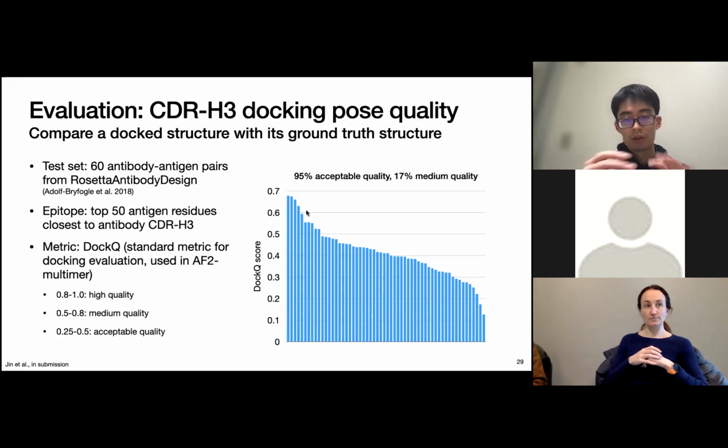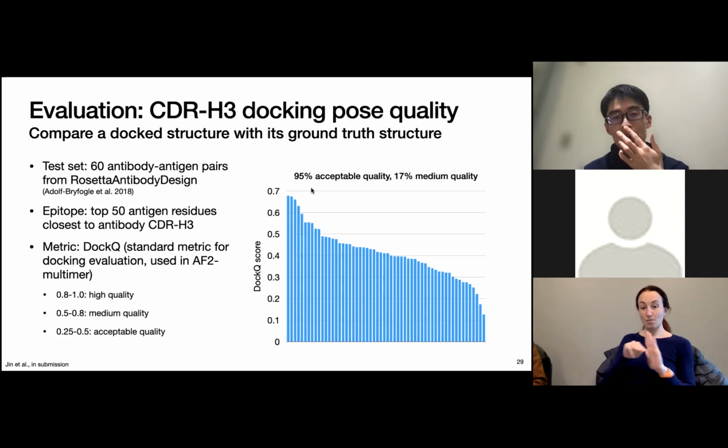to see if the two agree. The DockQ score is between 0 and 1, and there are three stratifications. If it's above 0.25, it is acceptable quality. If it's 0.5, then it's medium quality. You can see that our model could produce around 95% acceptable quality docked poses, but the medium quality is still a little bit low, around 17%.